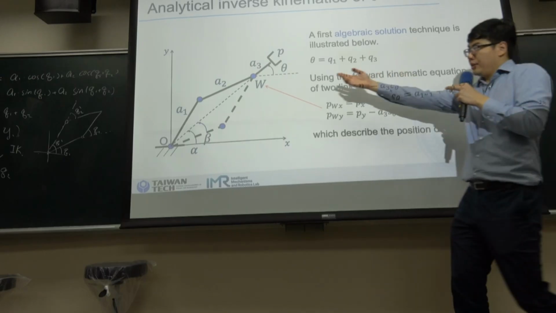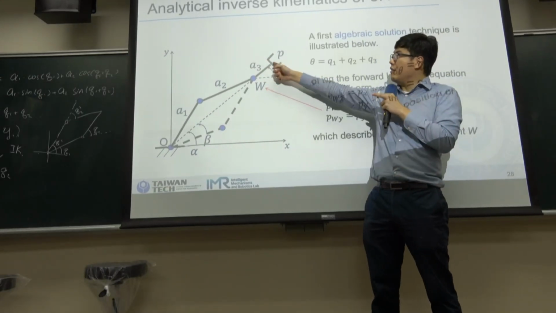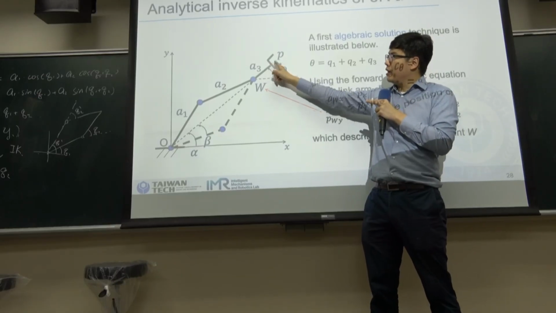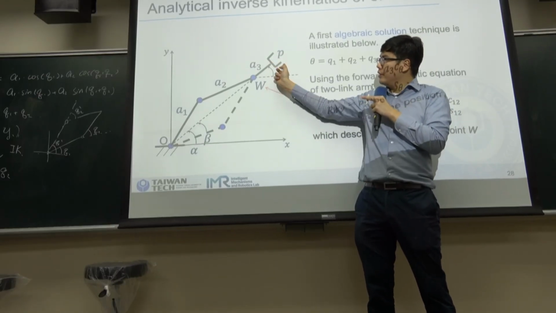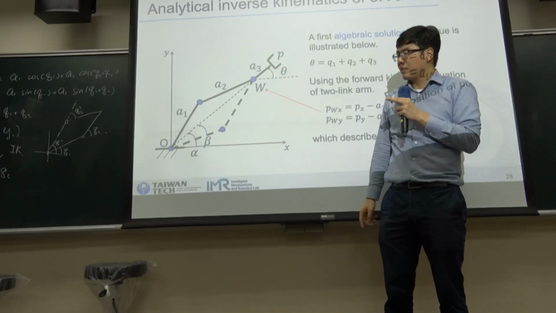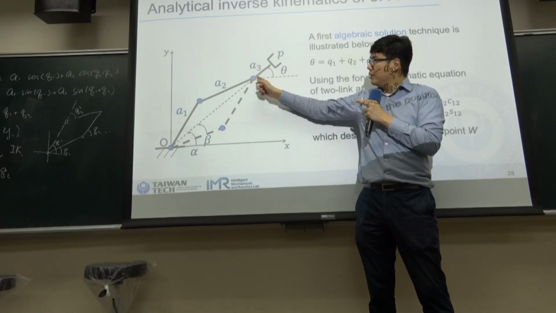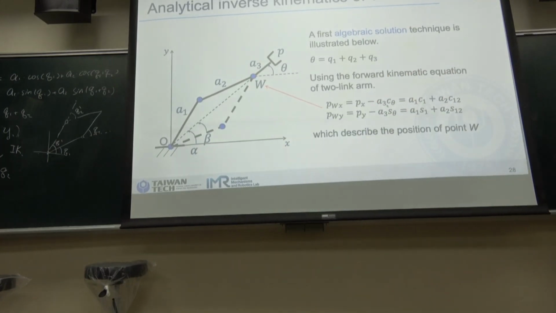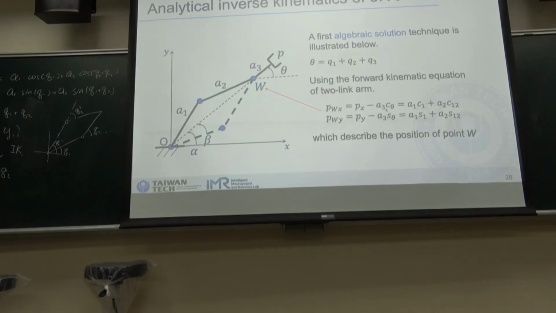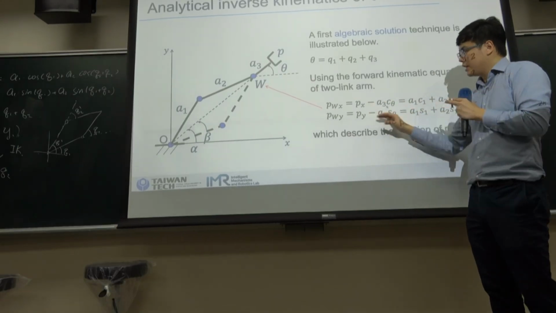So if we see in this robot, this is the aim vector. We have Px and Py, and the direction is theta. The angle is theta over here. So if we want to find the point W, we can get it through this relationship. And this is for the right side.